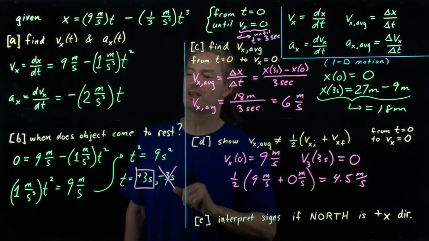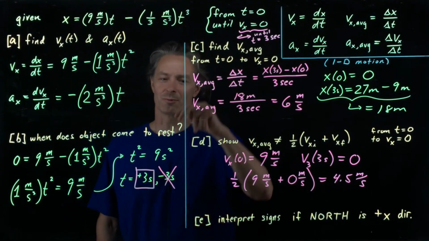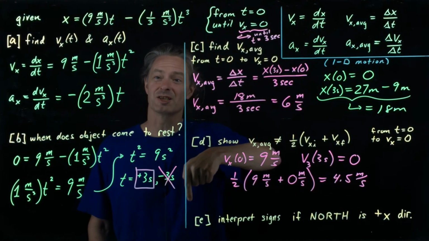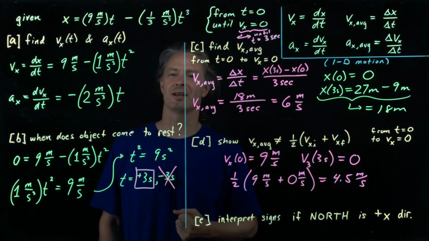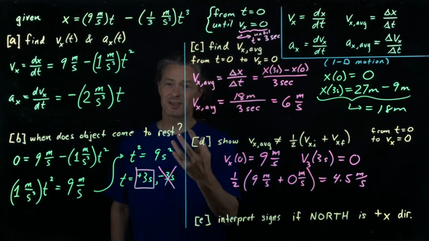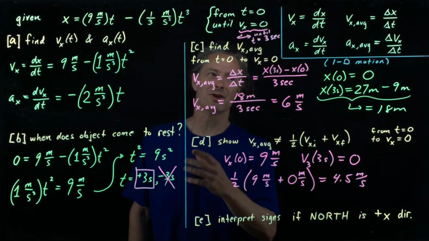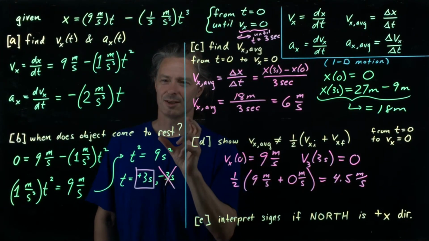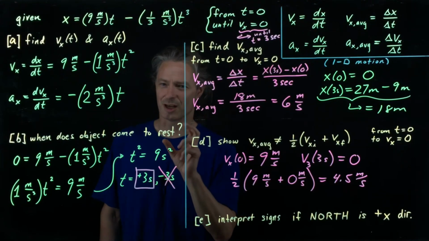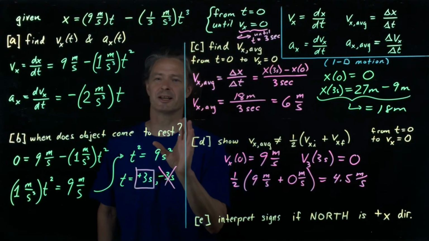But beyond t equals 3 seconds, the object was traveling to the south and speeding up. It was not decelerating. Speeding up is not decelerating. The term acceleration can be positive or negative in the context of one-dimensional motion. It's a general term. Deceleration is very specific and means object slowing down. You need to be very careful about that term.